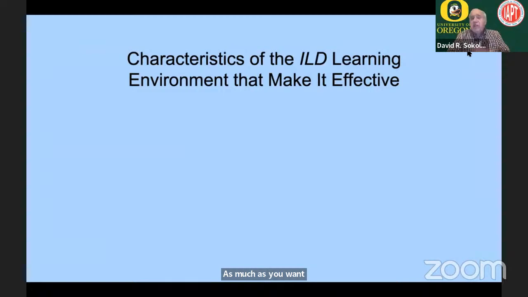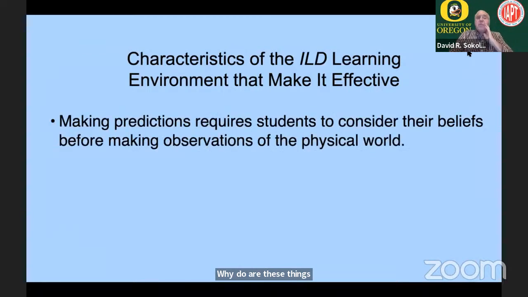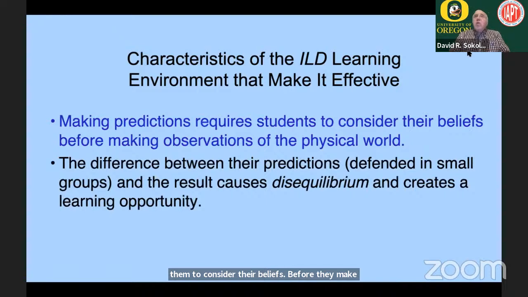Why are these things effective? Well, when you ask students to make predictions, it requires them to consider their beliefs before they make observations of the physical world. When they see the difference between their predictions, which they've defended in their small groups, and the results that they observe, it causes a disequilibrium.